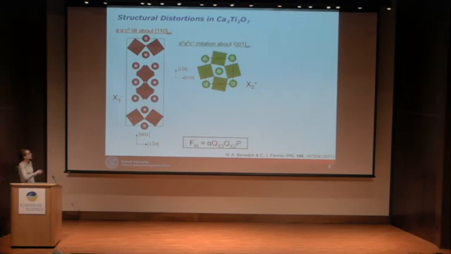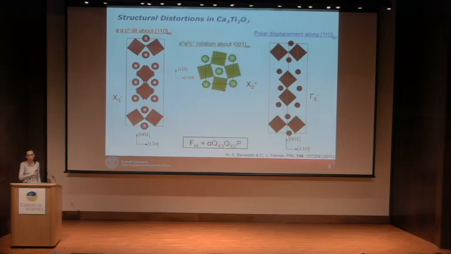The second is an in-phase octahedral rotation about 001, which transforms as X2 plus. And these two octahedral rotations couple trilinearly in the free energy to a polar mode, which has polar displacements along 110. And this paper down here on the right therefore predicted ferroelectricity in this system via this trilinear coupling mechanism.